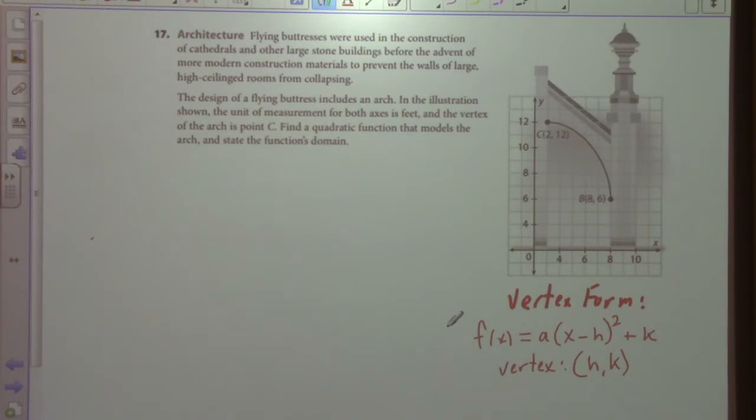Are we given a coordinate pair for a vertex here? We are, right? And what coordinate pair are we being given? Point C, right? We are told that that is your vertex of the arch. So how can we go ahead and take that knowledge and put it in with this to start being able to solve this thing?